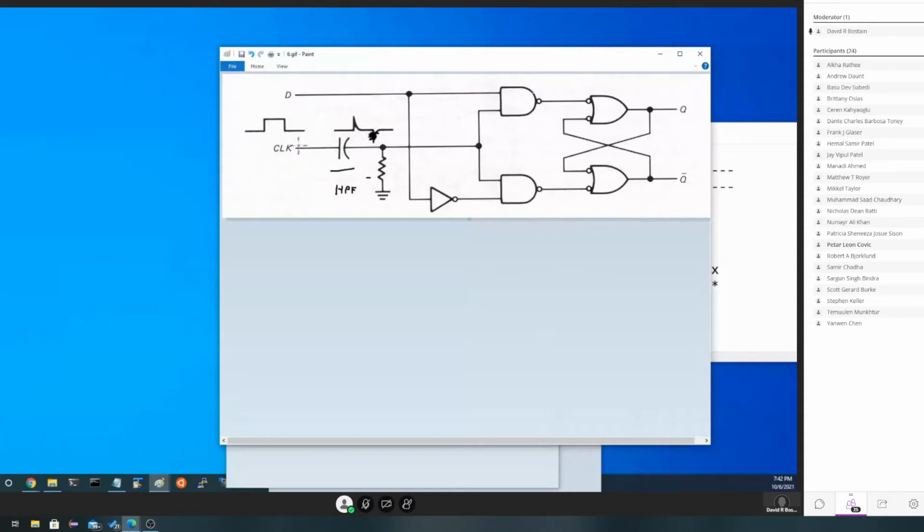So basically what we're going to have is a clock. If you think about taking the clock coming in here and making it less wide, less wide, less wide, eventually we're going to get down to so narrow it looks like a spike. At that point, this circuit becomes exactly the same as the last circuit.